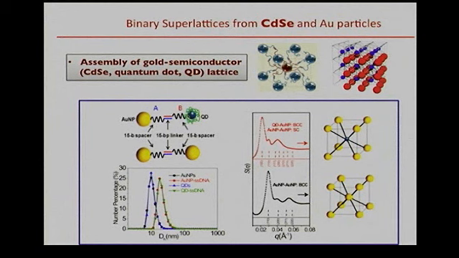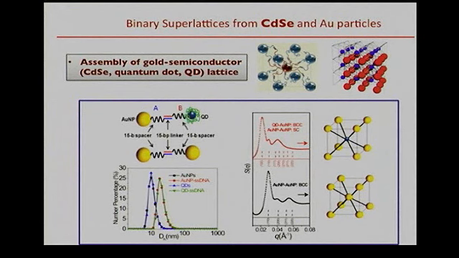I'm not going to go into details, but basically we can conclude that in this type of structure, indeed the quantum dot is located in the middle of this cube, and we can form a three-dimensional body-centered cubic structure from two types of particles. There are many interesting optical effects which I'm not going to tell you about today, but essentially we can manipulate the fluorescence properties of quantum dots using this three-dimensional assembly.